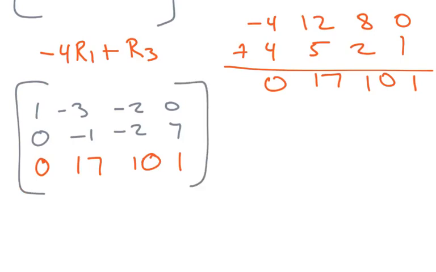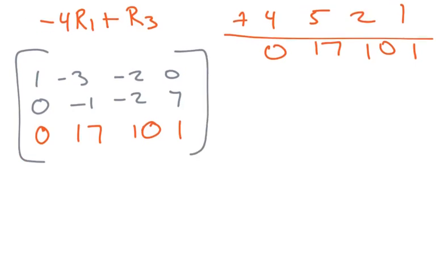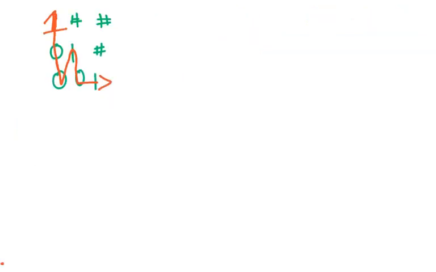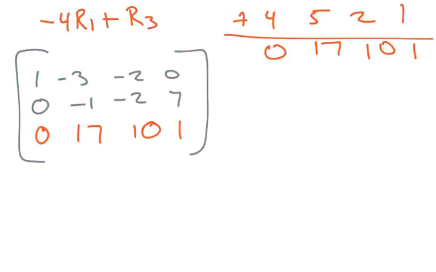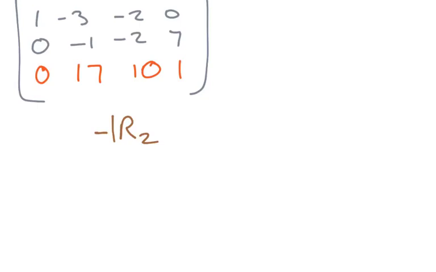Okay. Next up, I want to change... So notice we've done 1, 0, 0, so now I'm going to 1. That's going to be easy enough. I'm going to multiply row 2 by negative 1. And this one I'm not going to write out multiple times.